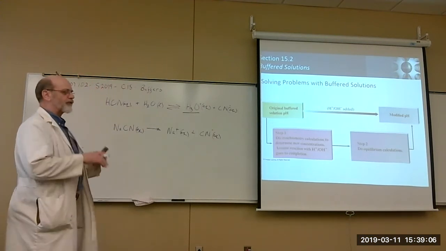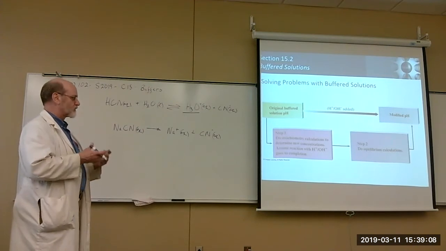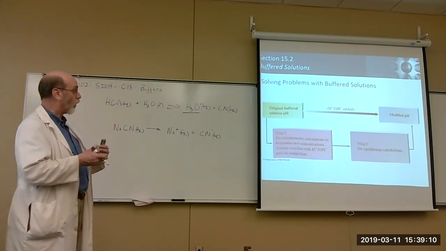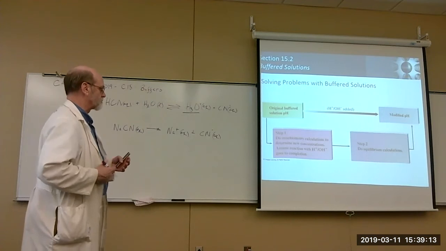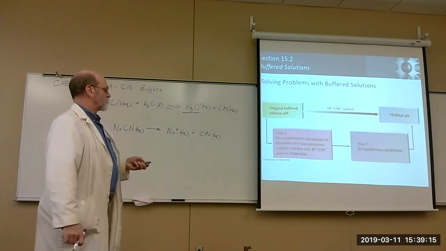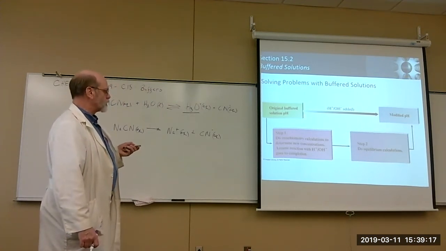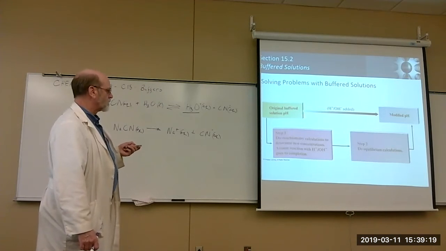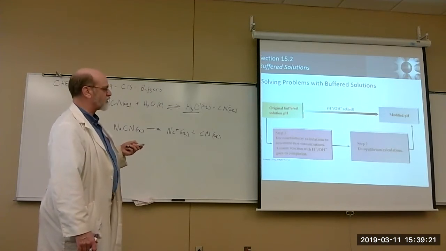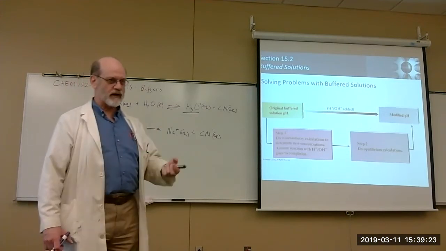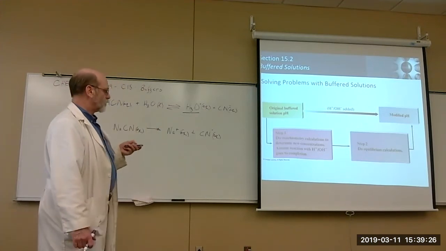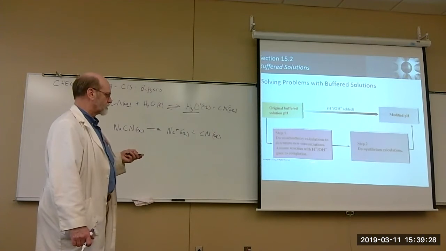Okay, here's a general problem-solving technique for buffered solutions. In order to determine the pH after a modification that we perform on a buffered solution, we first need to know the stoichiometry.